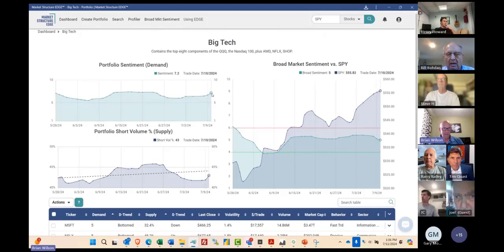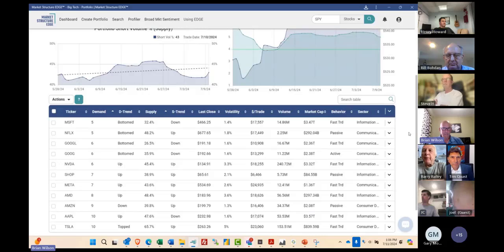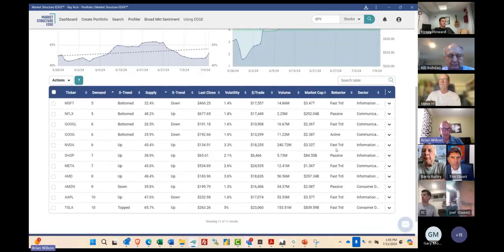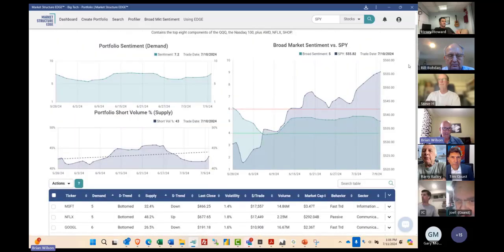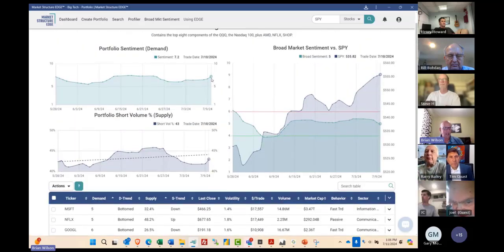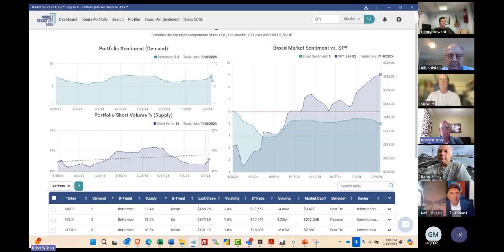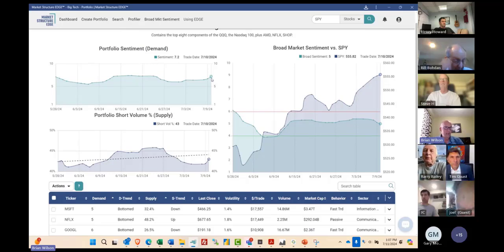Sentiment is screaming higher. Now, to Henry's point earlier, much of that is fast trading right now. So could it be a little bit frothy? Sure, absolutely. But you still have sentiment that is extremely high. In other words, my argument would be this might be just a one-day decline for tech, and they might resume leadership again. I don't know. We'll have to see what the data hold tomorrow.